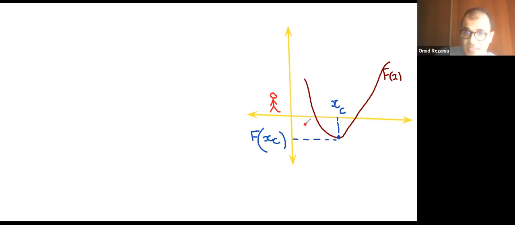I use this cartoon to say that the function is crying, but as soon as you are at this point, the function behavior suddenly changes and the function starts to increase again. And that's why we say this piece of the function is happy.